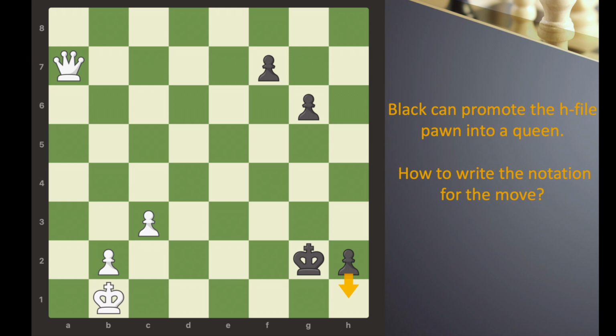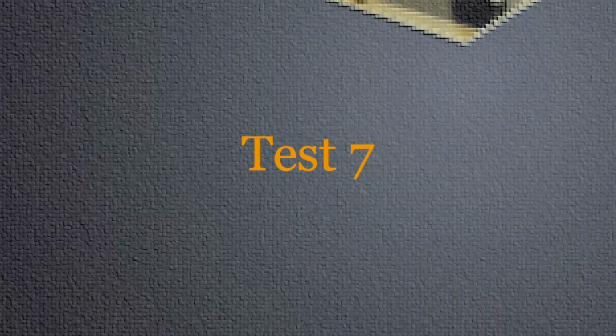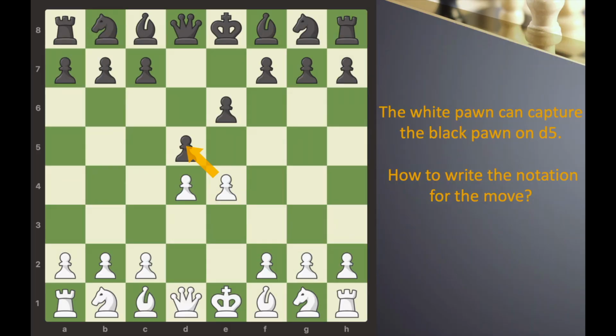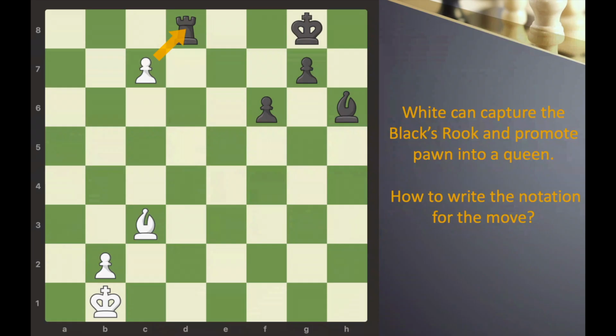How do we write the notation for this move? The white pawn can capture the black pawn on d5. How to write the notation for the move? White can capture the black's rook and promote the pawn into a queen. How to write the notation for the same?